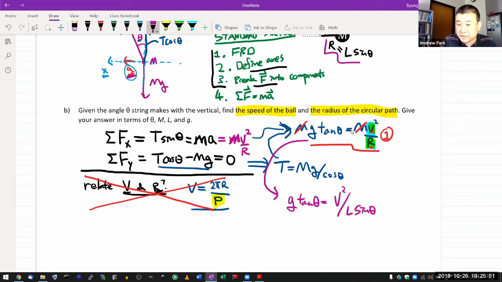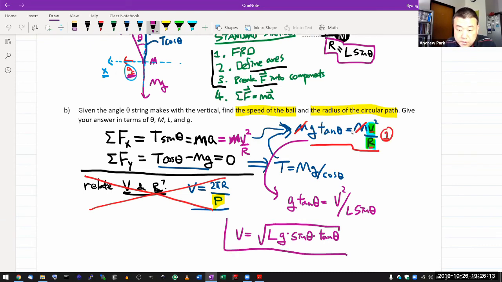This is already an expression in terms of L and theta for R. And I can solve this for V. When I do that, I get V is equal to the square root of L times g times sine theta times tangent theta. And this is an expression for V in terms of just the given quantities, L, g, and theta. m canceled out, so I didn't need it. All right, good. Let's keep going.